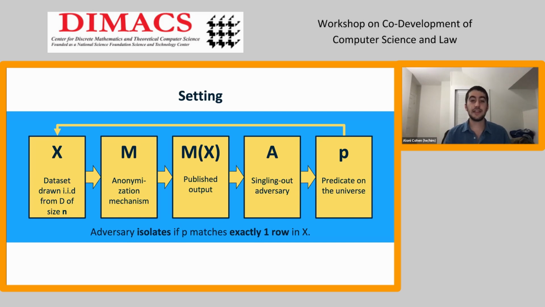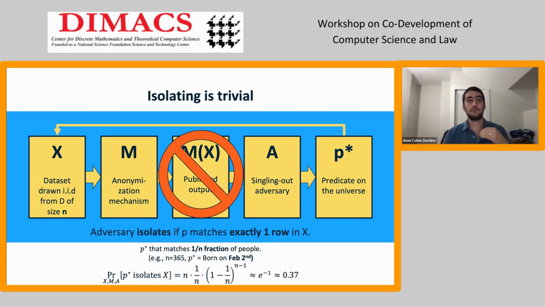So it turns out that isolating is trivial. It's easy to do. And what I mean by trivial is it's possible to do even if you don't look at the output of the mechanism. So for example, this adversary outputs a predicate P star without looking at the mechanism's output. Consider if the database had 365 random people drawn from a university's population, and the adversary guessed that there's exactly one person born on February 2nd.